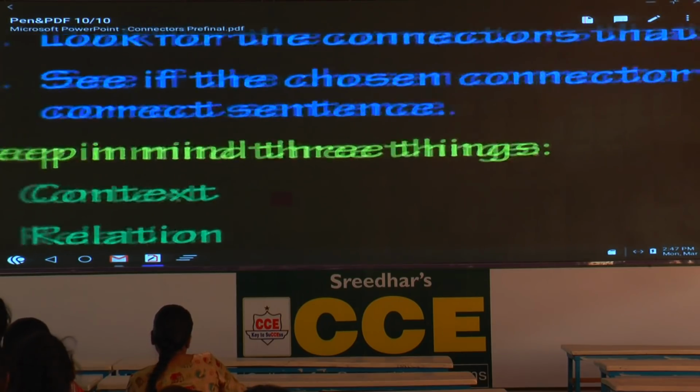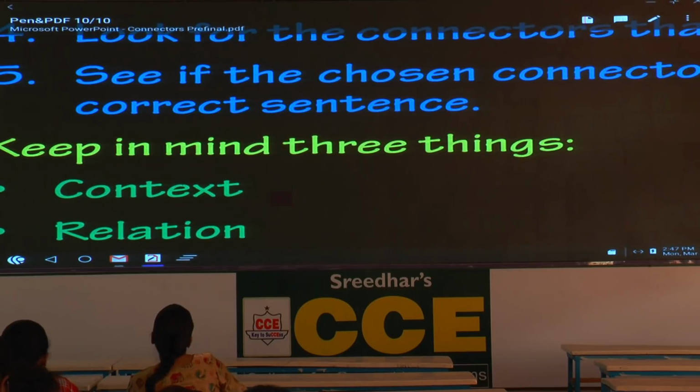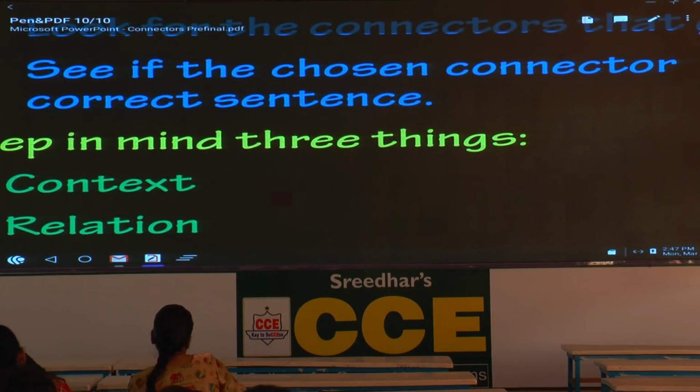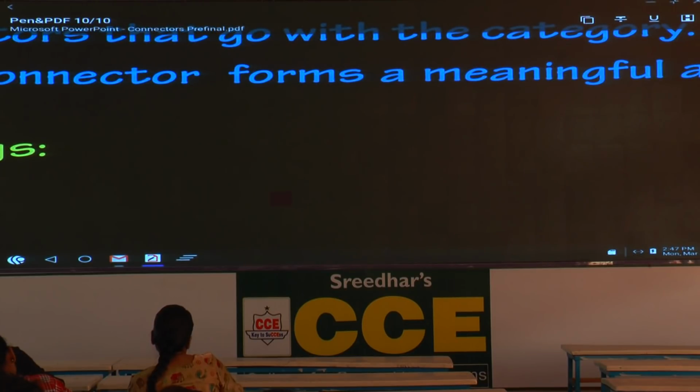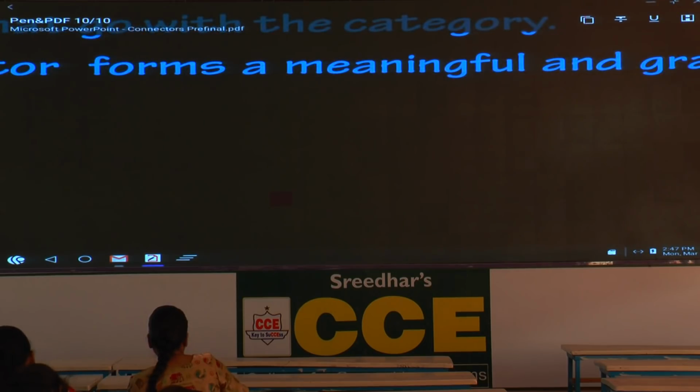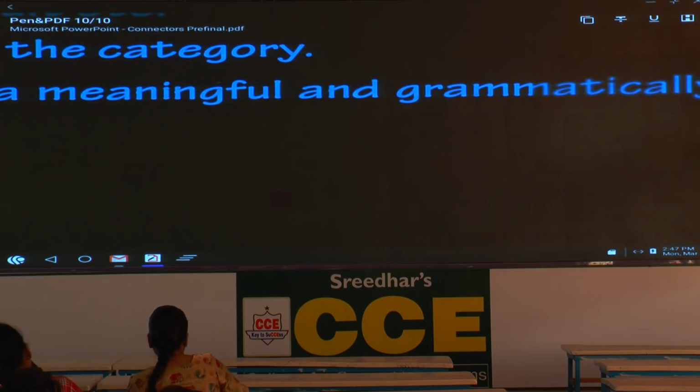And the last step, once you select the connector, see if the chosen connector forms a meaningful and grammatically correct sentence.